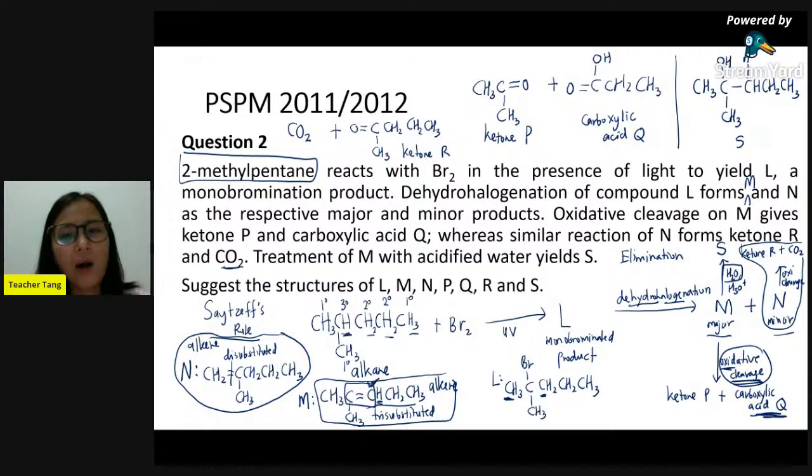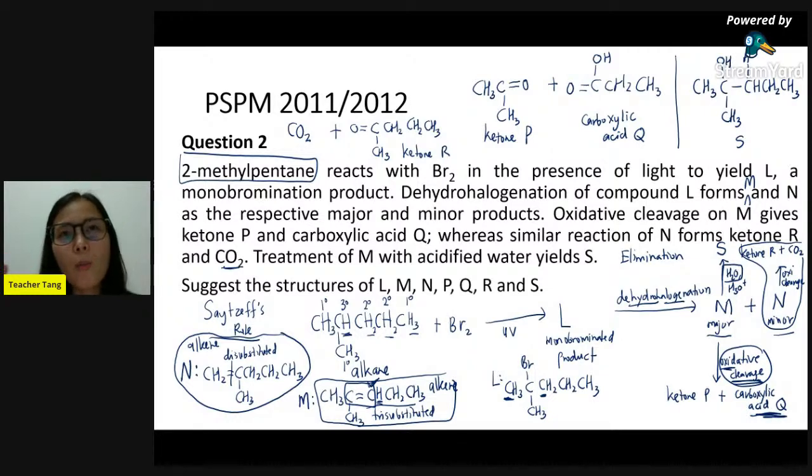using the alkane and alkene concepts that you learned. Again, alkane has only one type of reaction, the free radical substitution reaction. The major product will be from the more stable free radical.